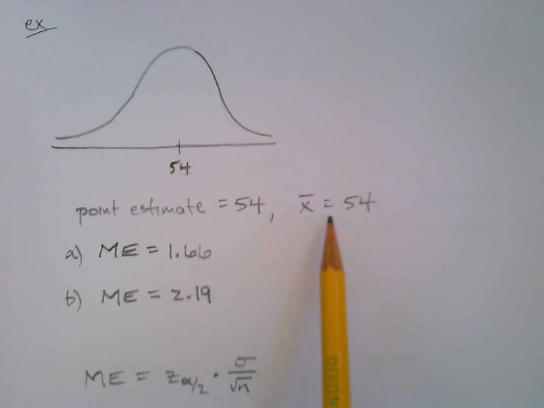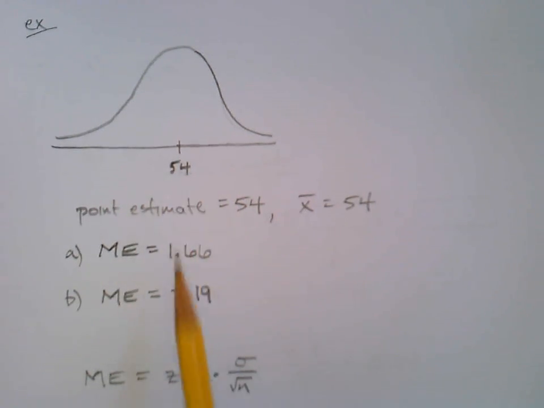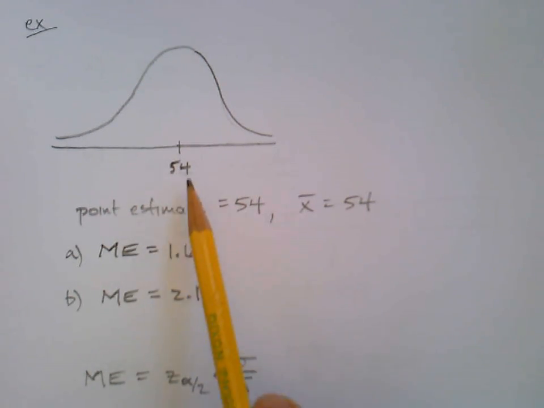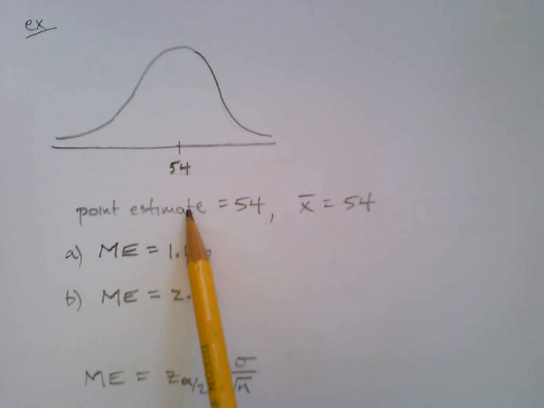Well, we'd say, from our sample, the average was 54. So if I had to guess just one single value for the population average, I would guess it's the same. I mean, that's what it was for my sample. That's my best guess at what it is for the population, even though we know it's probably going to be something close to it, either a little above or below. So the point estimate is our best estimate for the population average.